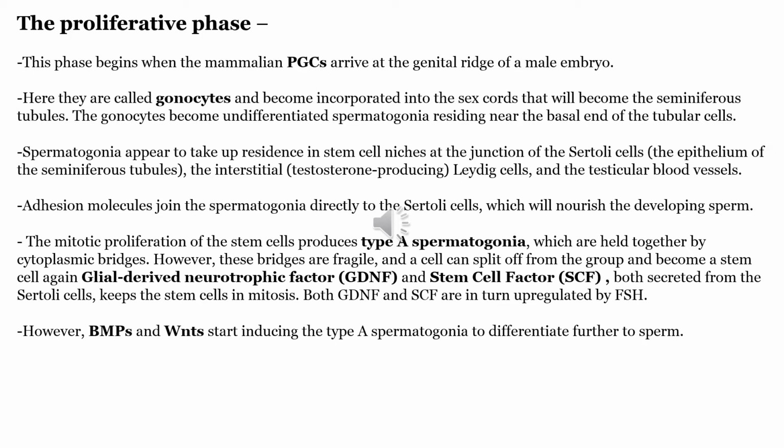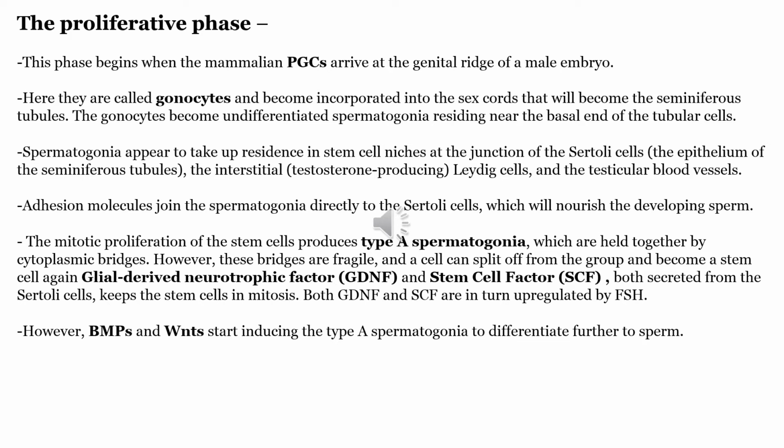If GDNF, that means glial-derived neurotrophic factor, and stem cell factor are present, then type A spermatogonia will give rise to another type A spermatogonia. Whereas if the concentration of BMP, that is bone morphogenetic protein, and WNTs is more as compared to GDNF and SCF, then type A spermatogonia will differentiate into type B spermatogonia.